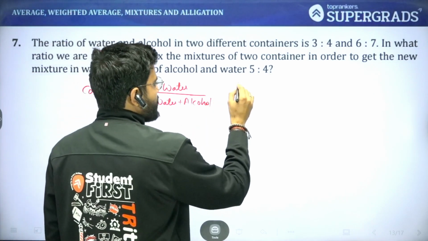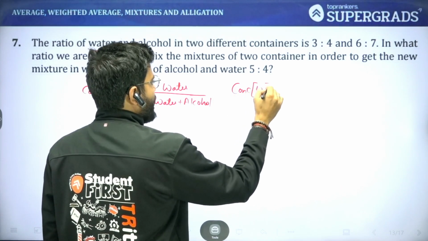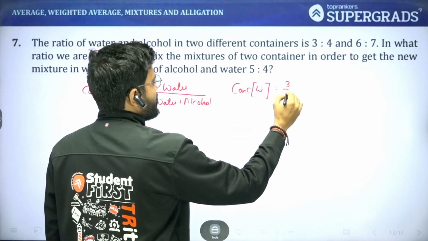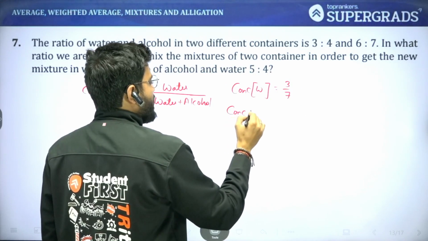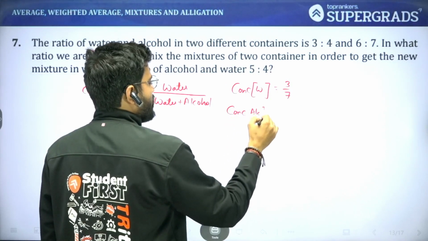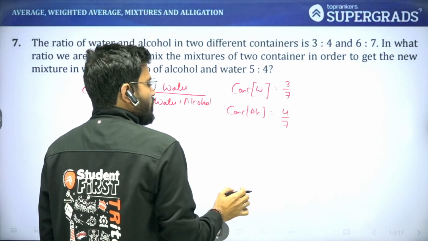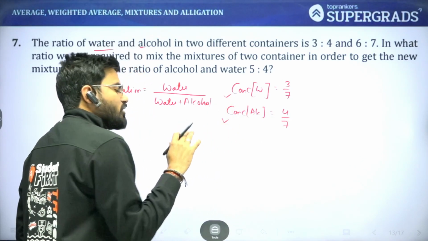So the concentration of water is 3 upon 7 and concentration of alcohol is 4 upon 7. Either you use concentration of alcohol or water, the unit should be the same.